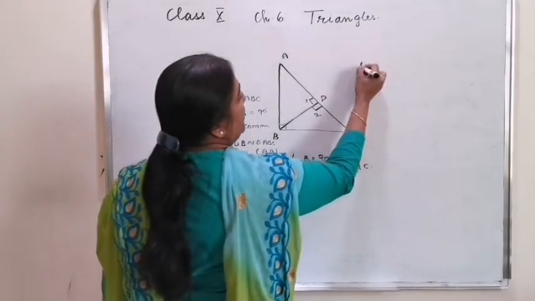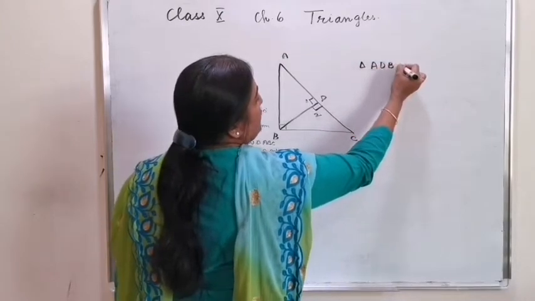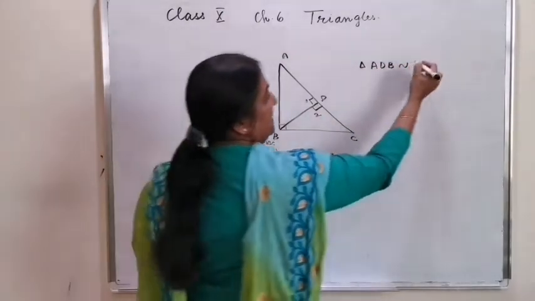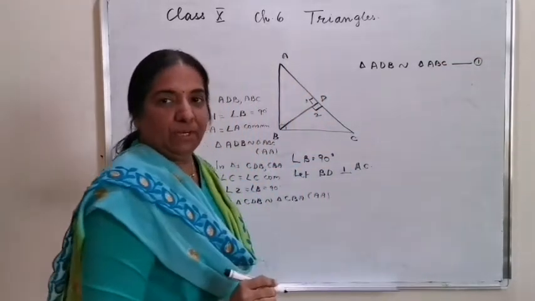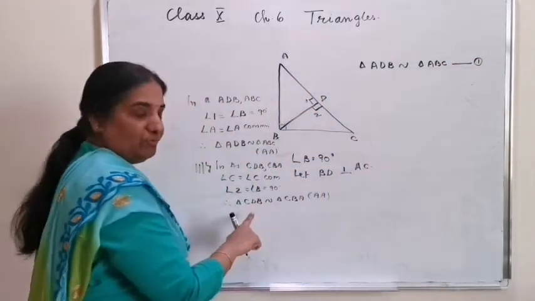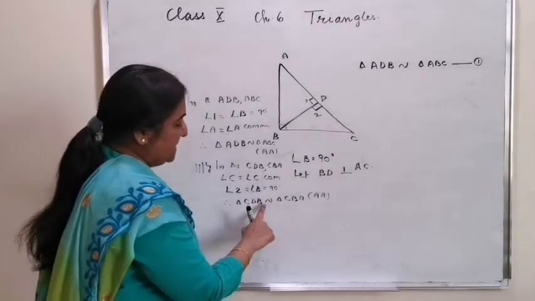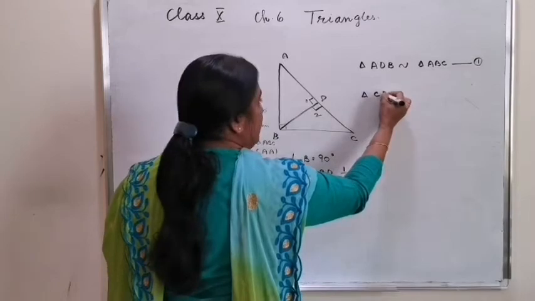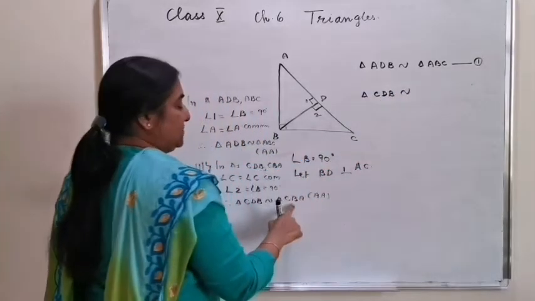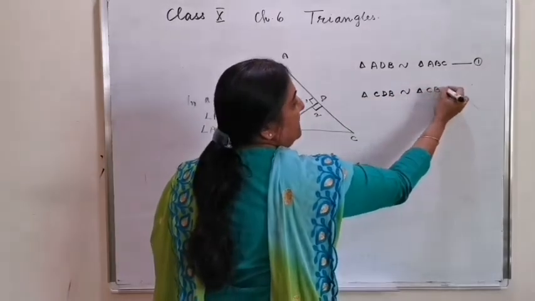Triangle ADB is similar to triangle ABC, as equation number 1. You have proved triangle CDB similar to triangle CBA.